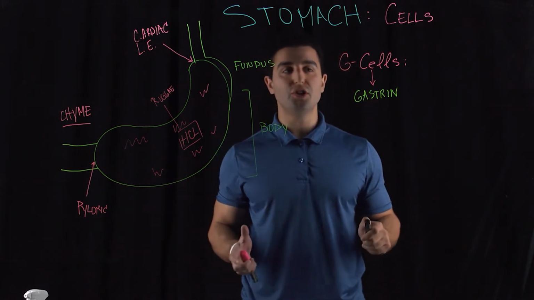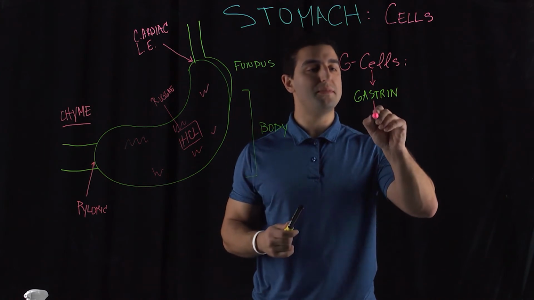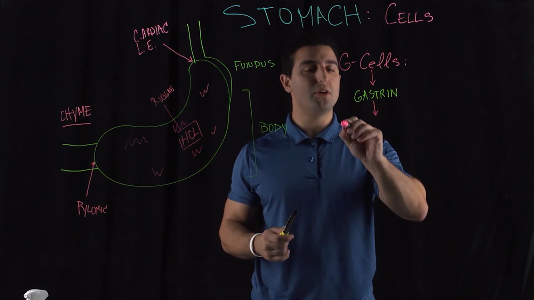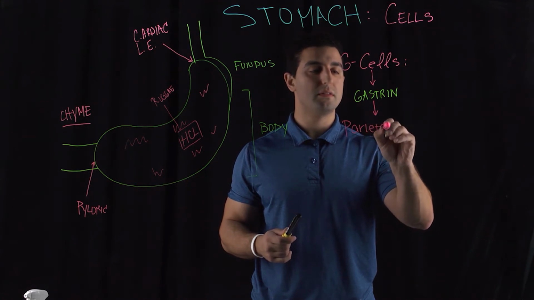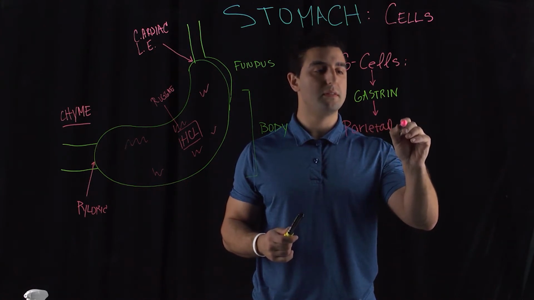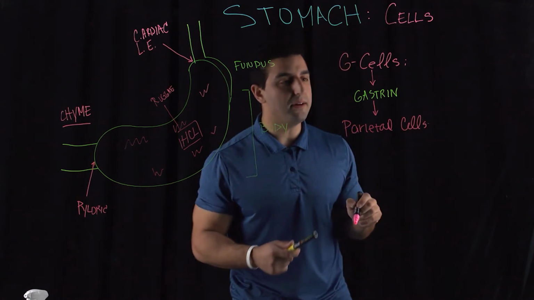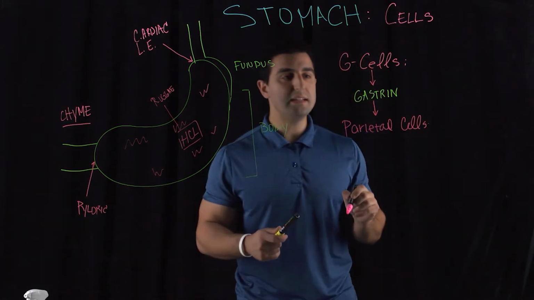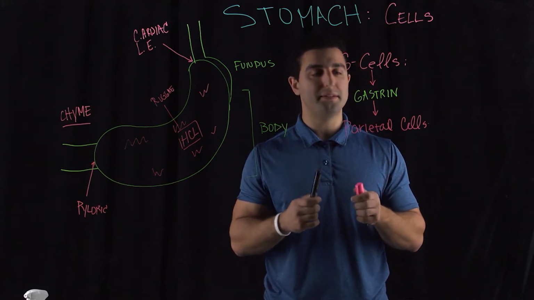Gastrin's main function is to activate another type of cell. These cells are called parietal cells. Parietal cells' main function is to secrete two special compounds.